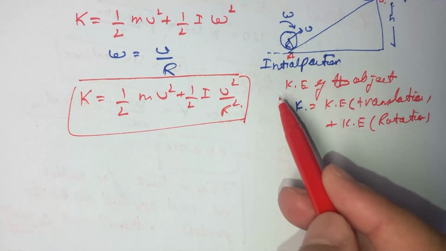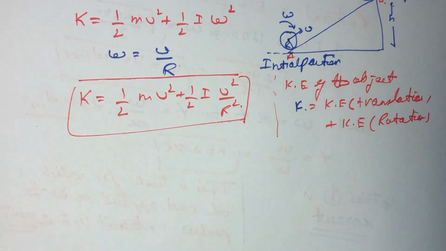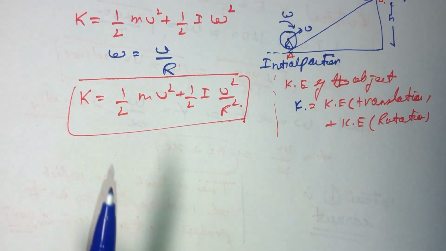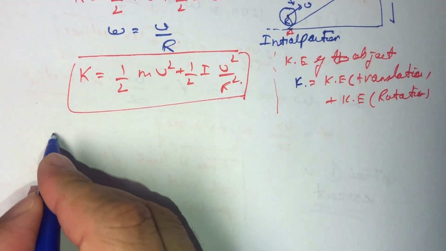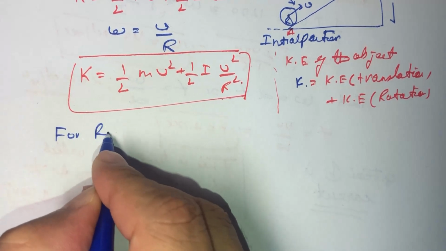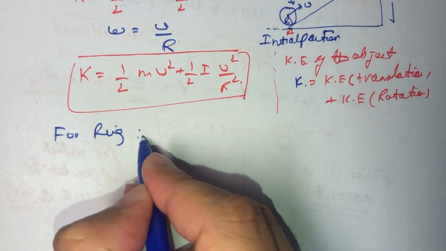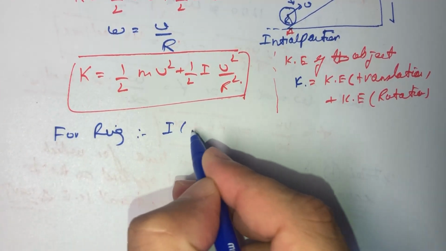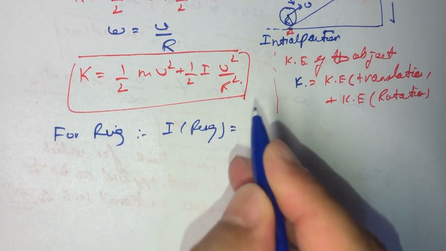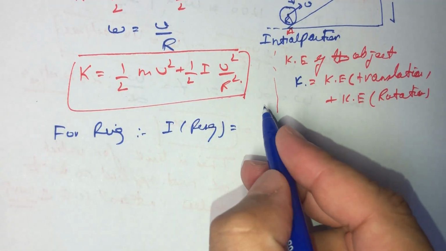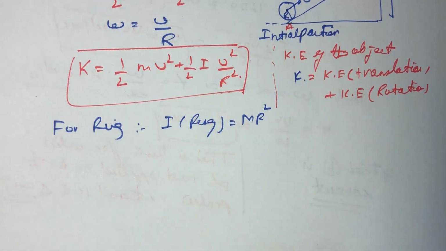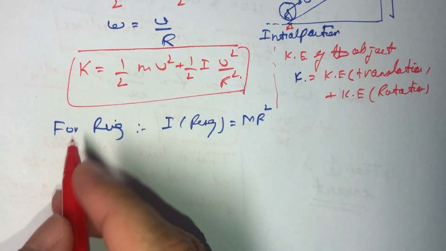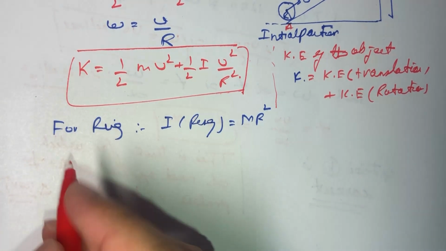Now let us find out the value of I, the moment of inertia. For a ring, the moment of inertia, let us suppose is given as I ring, and its value will be equal to mass times radius square. And next is our solid cylinder.